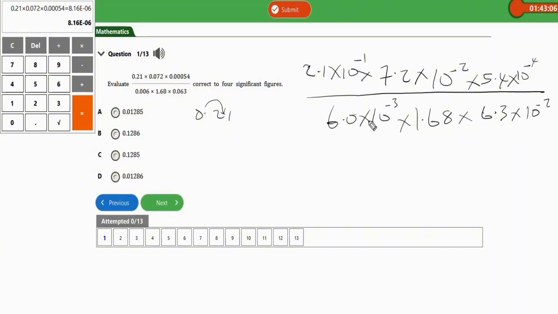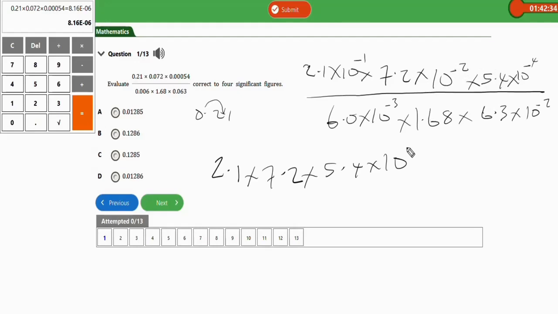Now if you want to break this down, we are going to apply the laws of indices, which state that when you are dealing with values and the base is the same, when it involves multiplication, you add the powers. So let's add the powers at the numerator. It's going to be 2.1 times 7.2 times 5.4 times 10 to the power, minus 1 plus minus 2, that's minus 3.